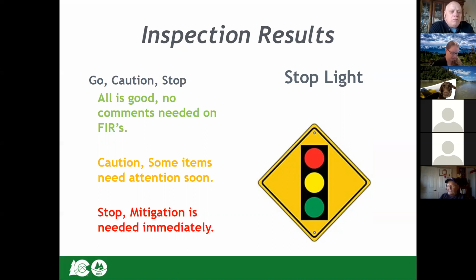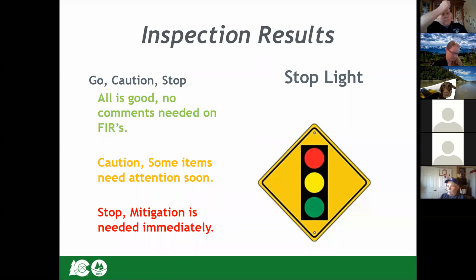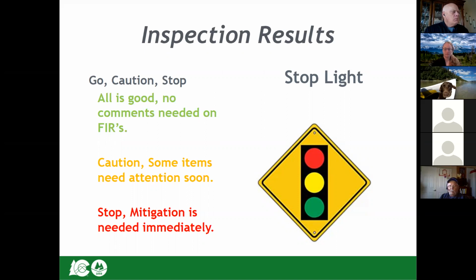Caution, that's probably the meat of everything we do. We're seeing some chinks in the armor, but not necessarily causing us a problem at that time. So we'll put comments in there, and oftentimes corrective actions are required to hopefully start that process of getting the right people in the right locations to evaluate stormwater so that we can get those corrected before they become a problem.